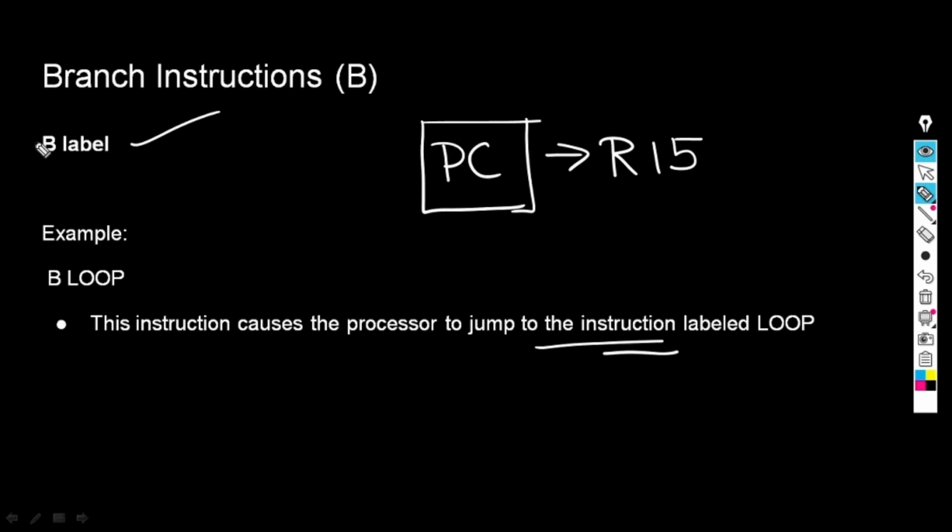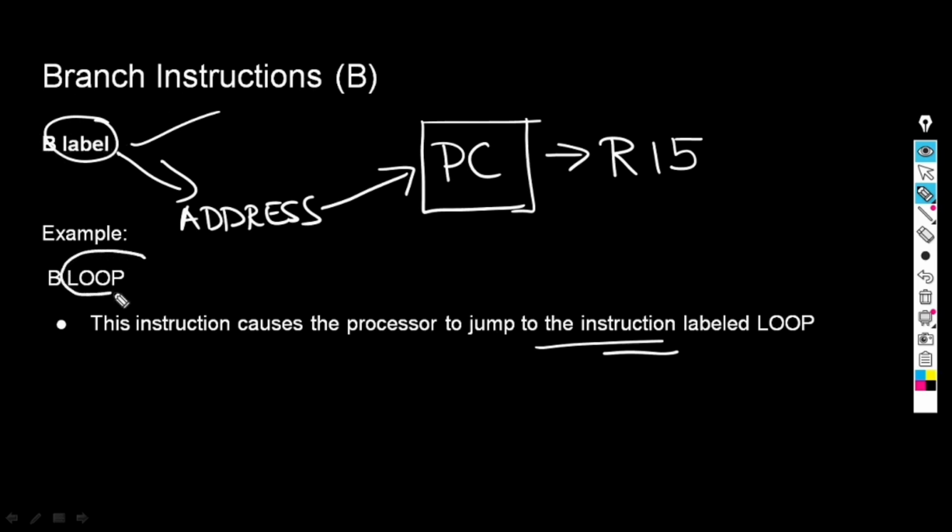Whenever this instruction is encountered, the label will have some address. That address is updated in the PC, and an unconditional jump happens. That is, without checking any conditional code or without checking anything, directly the next instruction getting executed will be the instruction under this particular label.